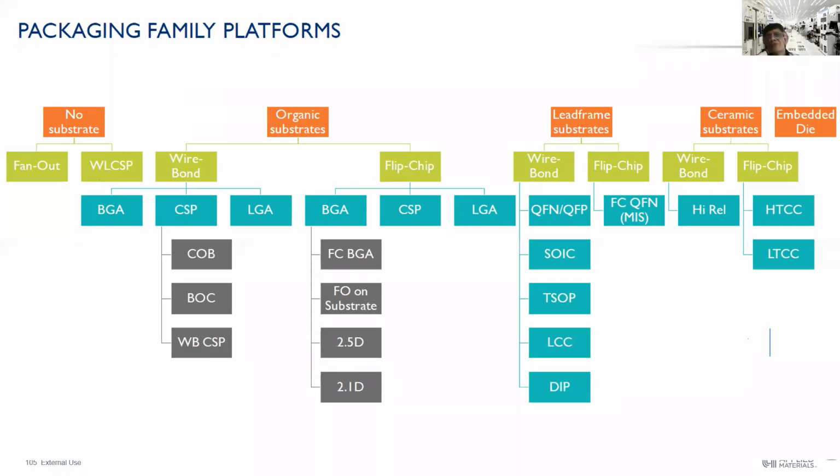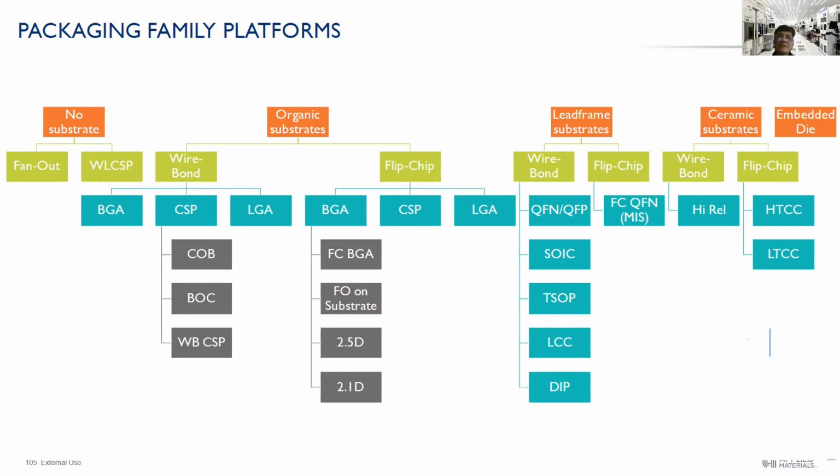This is one view of the packaging family platforms that are there in the current world, depending on the substrate. So in the most advanced packaging, there is no substrate. In fan-out and wafer level chip scale packaging, you are actually cutting out the cost of the substrate.